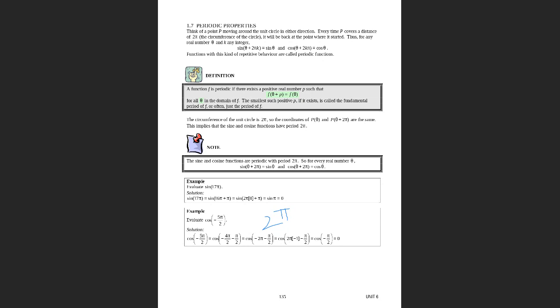So in anything, if you go 360 degrees, you come to the same point. For instance, if you have this here to be 30 degrees.